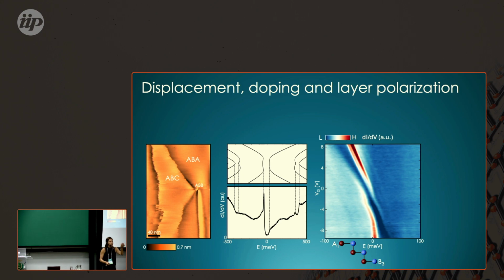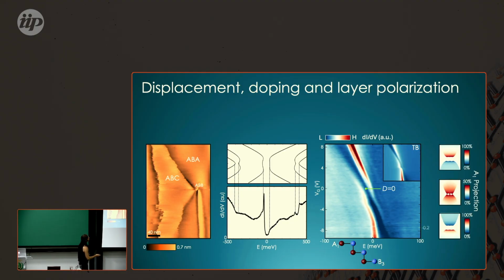And it also changes the localization of the wave function across the layers, so we have layer polarization. So at negative displacement field, we see only the Van Hove singularity of the valence band, and at positive displacement field, we see the Van Hove singularity of the conduction band, and the other Van Hove singularity is on the other side, but we are measuring with STM only from the top. Okay, and this is consistent with the tight binding calculation.